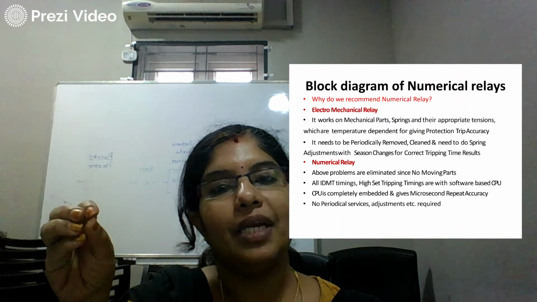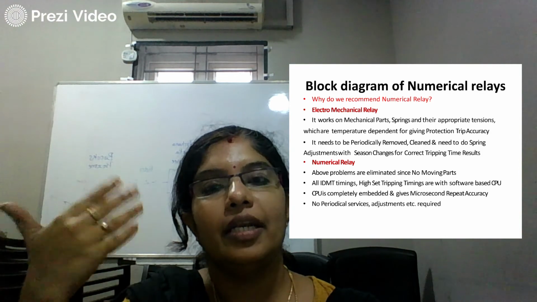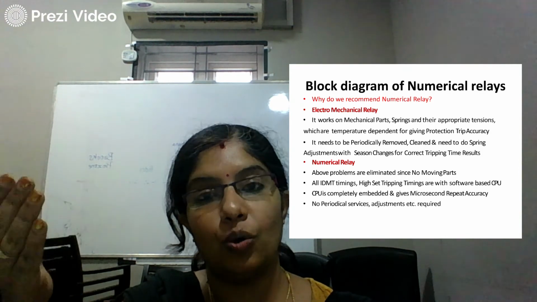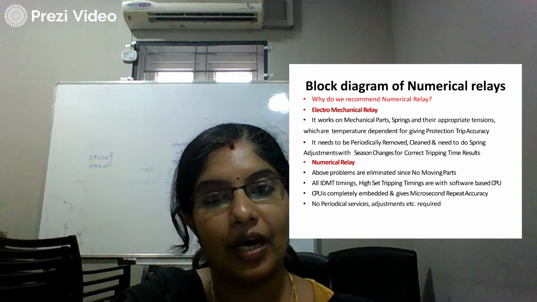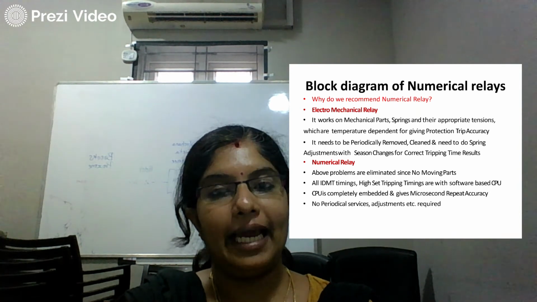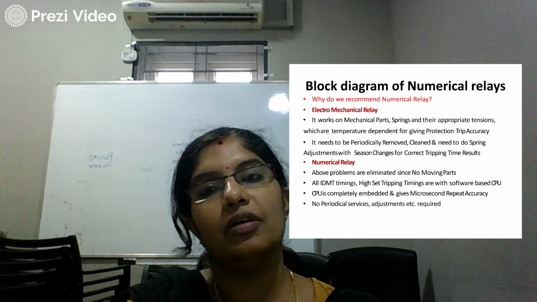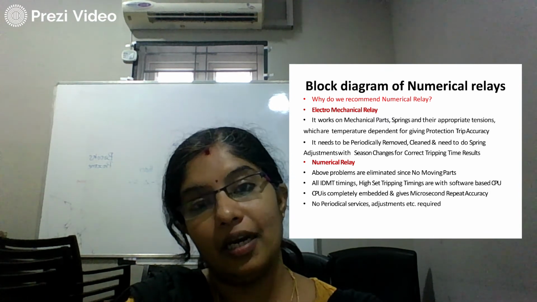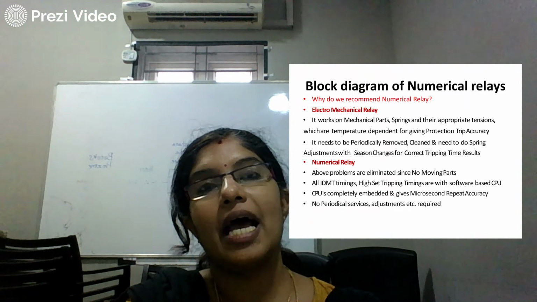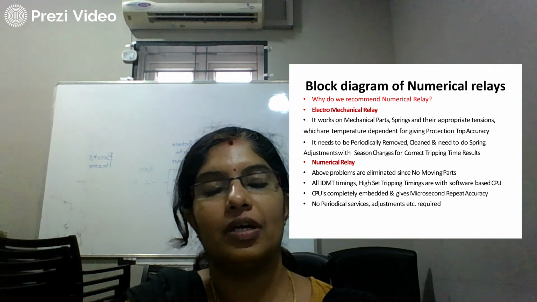So what IDMT timing means is that as your current value increases, that is, if your current is overloading and goes beyond the rated value, like I told you, if we have a rated current of 10 amps and the motor is exceeding it and operating at 18 or 20 amps, then your tripping time should be very fast.